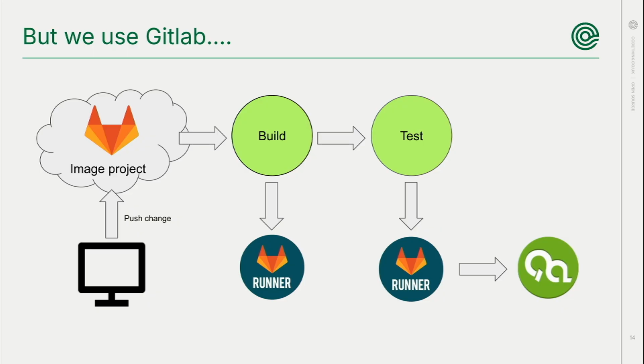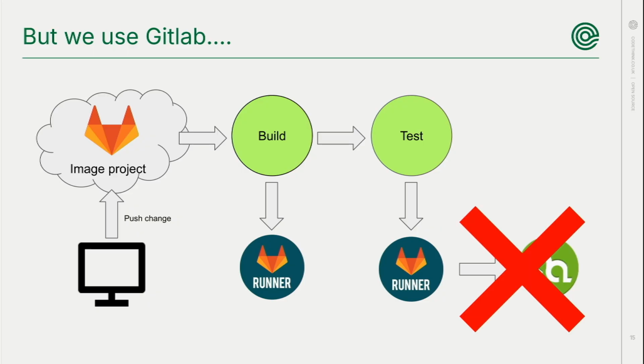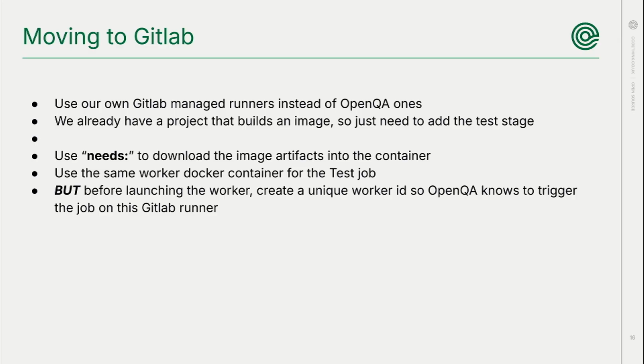Now, with the normal openQA architecture, that GitLab runner would have to trigger openQA, upload the image again, and then have openQA send it off to another worker. We don't want to do that because we already have a runner. We want to manage our build and test infrastructure within GitLab. So let's try and keep it in there.